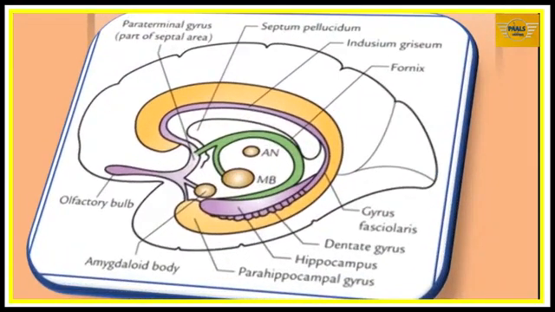In this picture, here is the indicium griseum, and we're seeing it above the body of the corpus callosum here. Now, within the indicium griseum, we see the two bundles of longitudinal running fibers, and these are the fibers that we call the medial and lateral longitudinal stria.